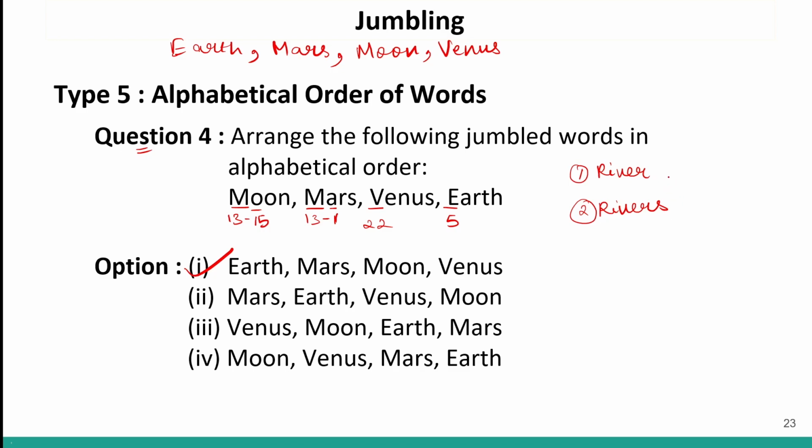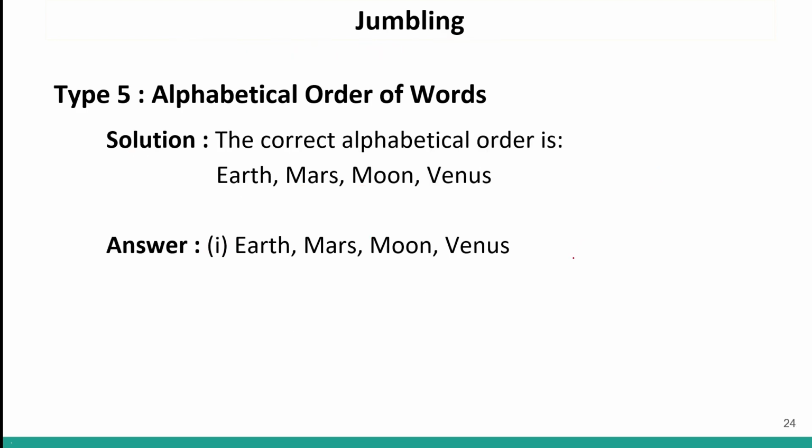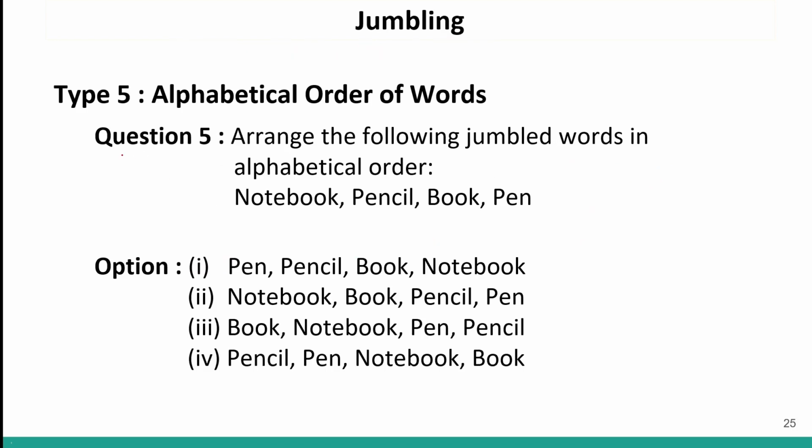Okay? Now, question number 5. Notebook, pencil, book and pen. So B is 2, P is 16 over here, and notebook is what? N is 14.